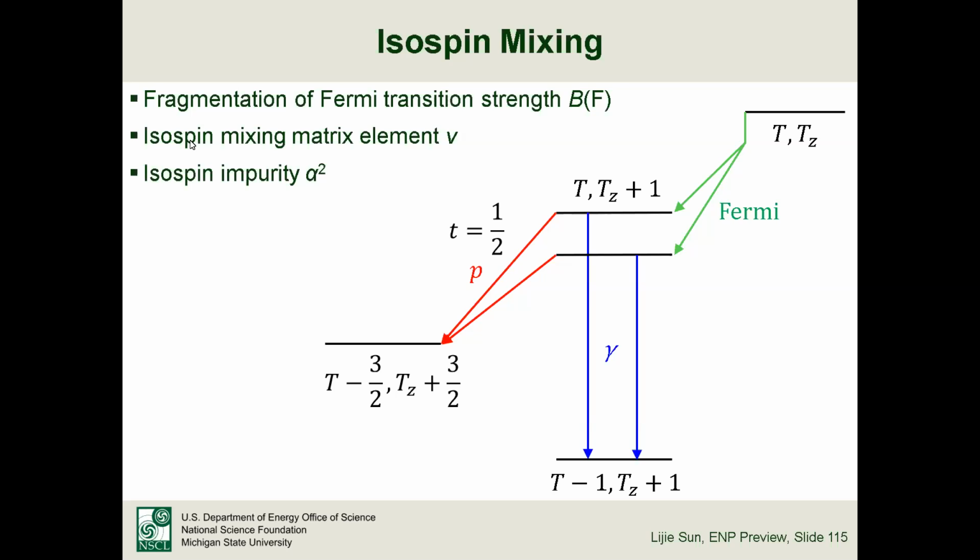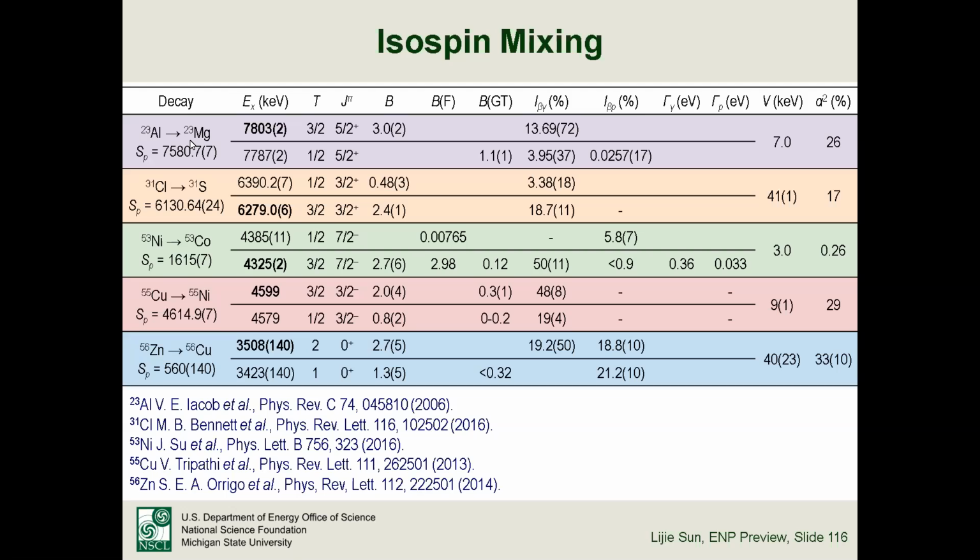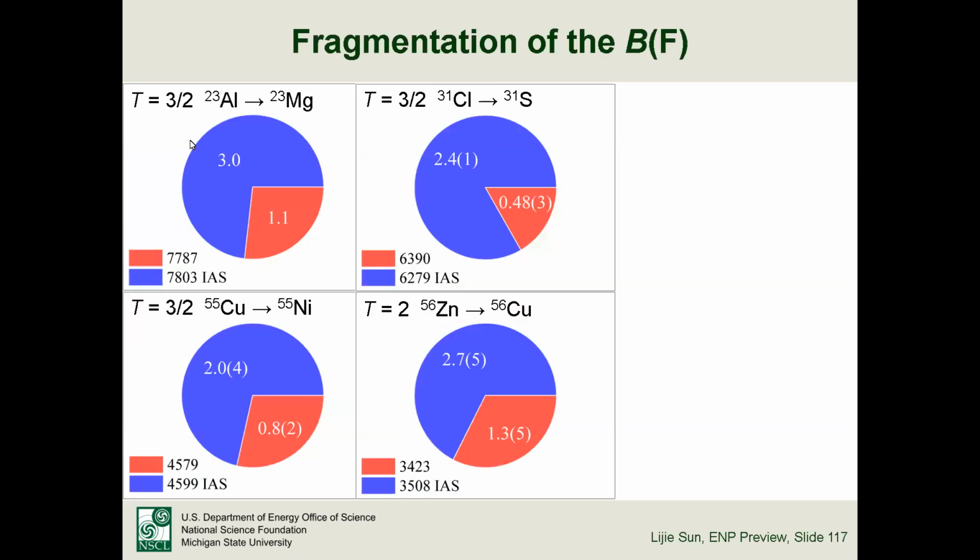But in a few cases, there aren't many experiments to study this, but there are a few cases that people observed the fragmentation of the Fermi transition strength. Okay, so we don't need to look into the details in this table. Let's look at some pie charts. You can see here the fragmentation of the Fermi transition strength is represented by two sectors.